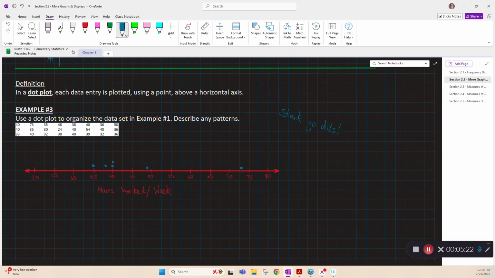This is where I said stack your dots. I stack them right on top of each other. 36. 50. 40. So I gotta stack it again.